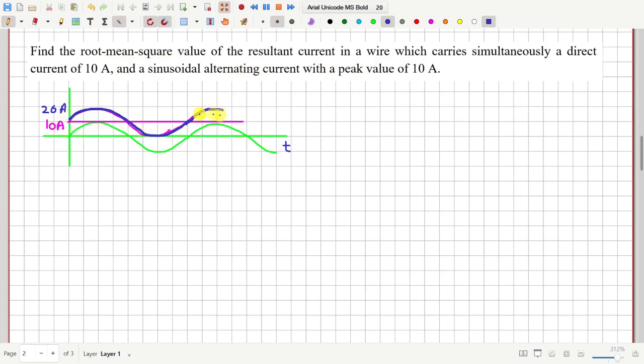Now this function can be written as 10 plus 10 sine omega t, where omega is the angular frequency, time period is this from here to here, and definitely we will have T equal to 2 pi by omega. So this is the current I.